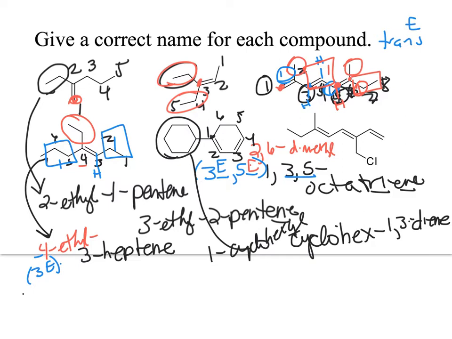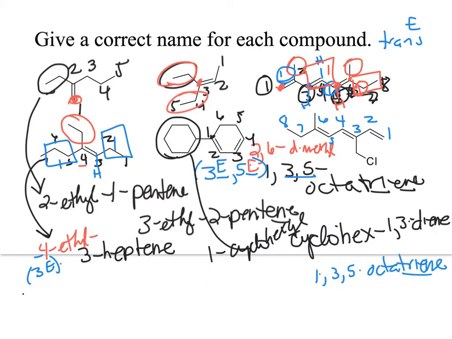And the last compound here, we're going to start numbering here closer to the chlorine to give our carbon-carbon double bond the lowest number. 1, 2, 3, 4, 5, 6, 7, 8. So that's 1,3,5-octatriene.